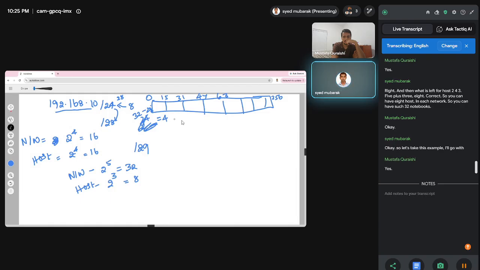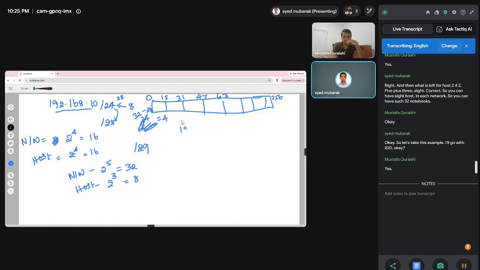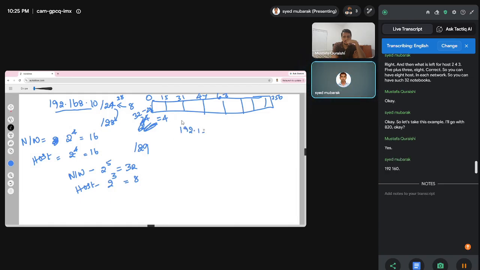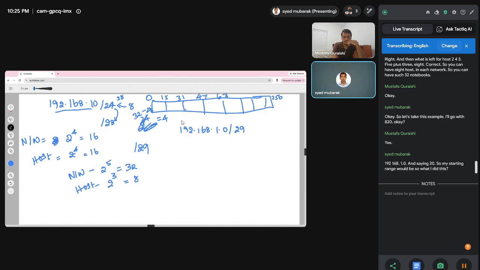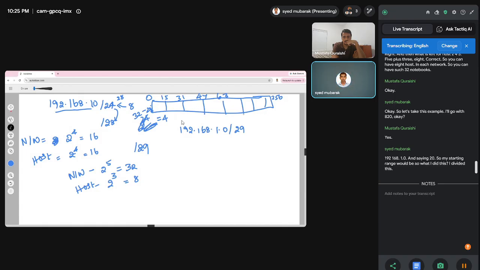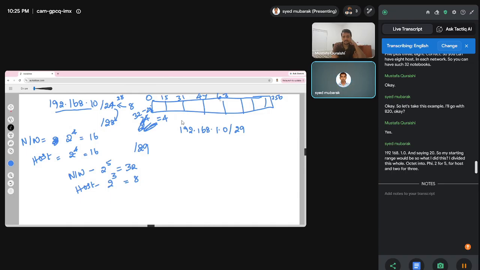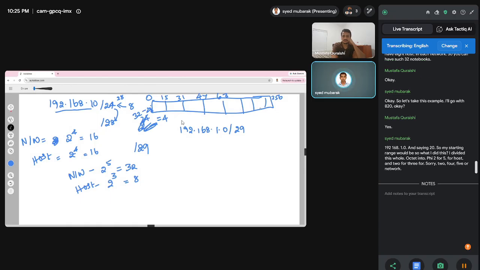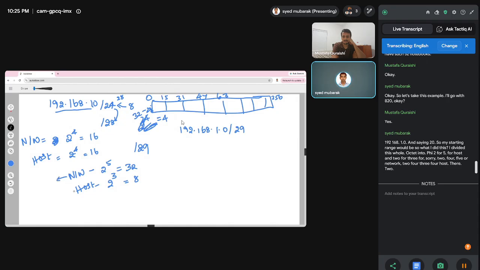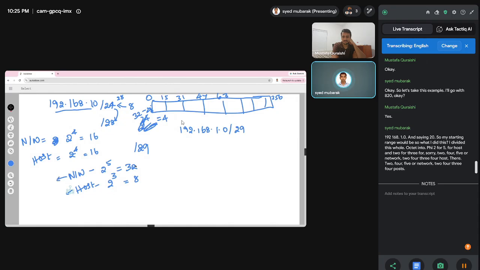Let's take this example, I'll go with 8 only. 192.168.1.0, and I'm saying slash 29. What I did is divide this whole octet into 2 power 5 for network and 2 power 3 for host, so it means 8 bits, right?